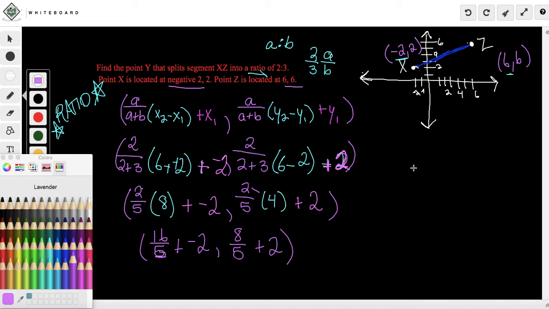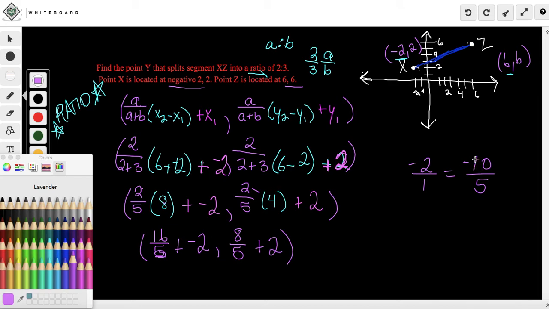So -2, we want to change it into something over 5. So -2 over 1 equals something over 5, right? So we can say 1 goes into 5 5 times. 5 times 2 is 10.